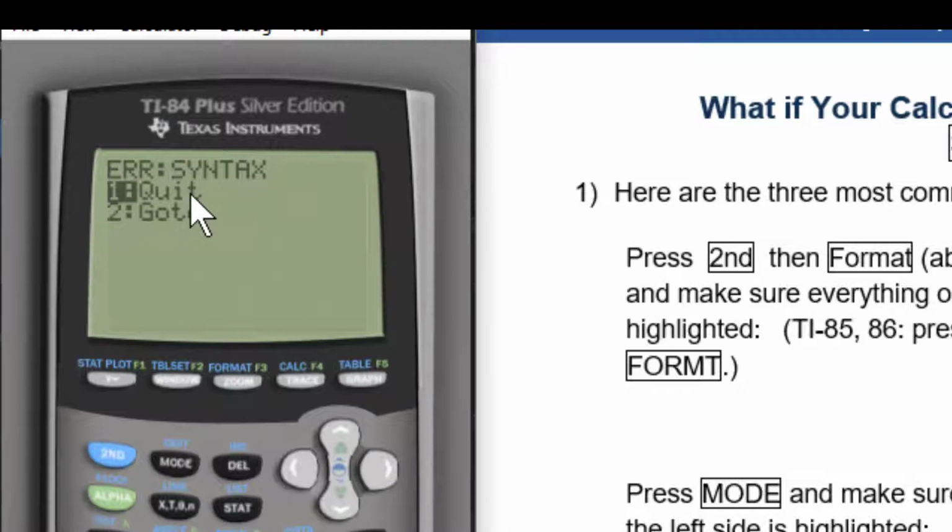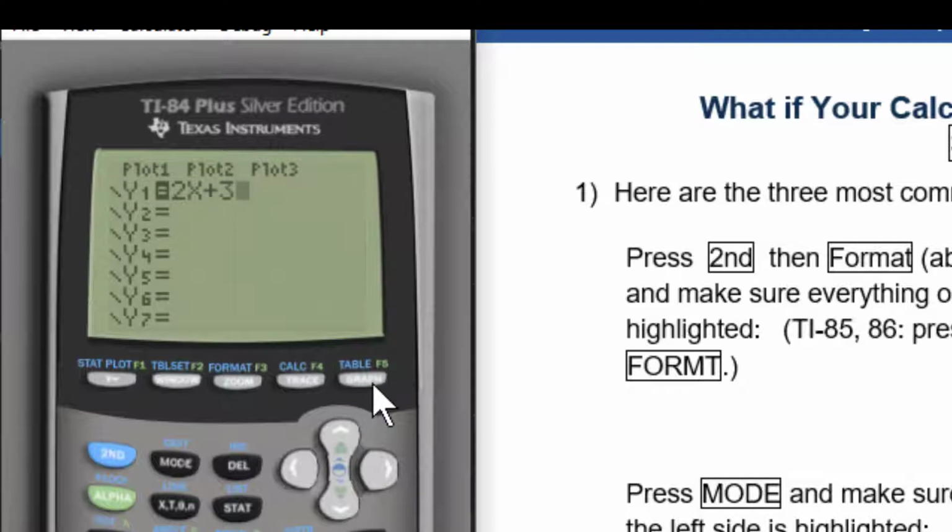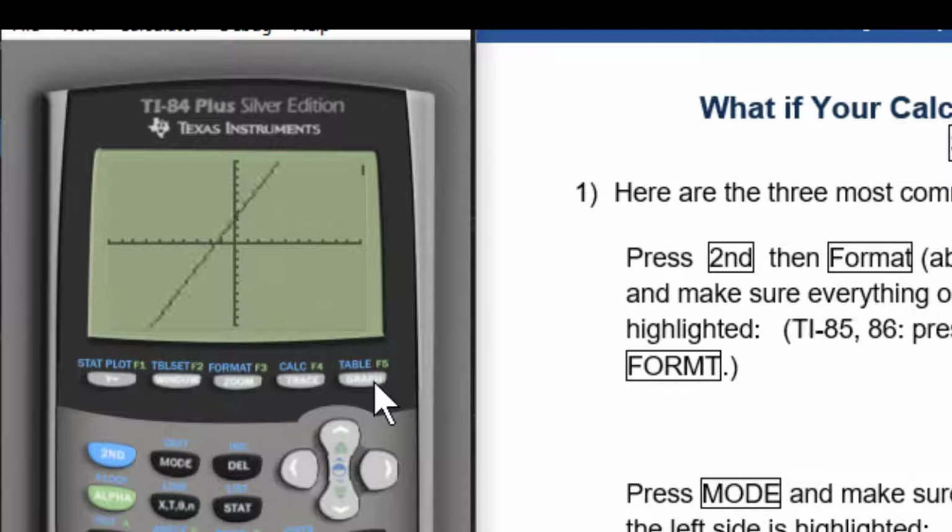What are you talking about? I don't get the syntax. Whenever you get the syntax error, use the go to. Number 2 here, press enter on that, and it says 2x plus what? I don't understand. And you say, oh, I forgot to write the 3. Now I can graph it.